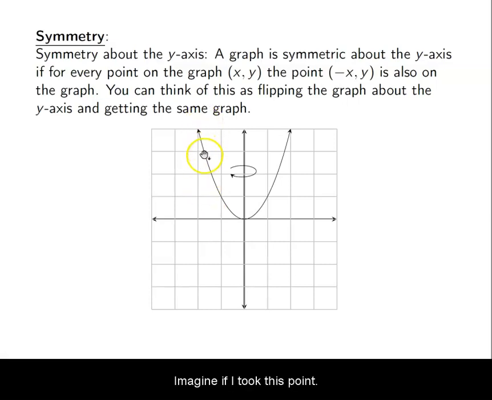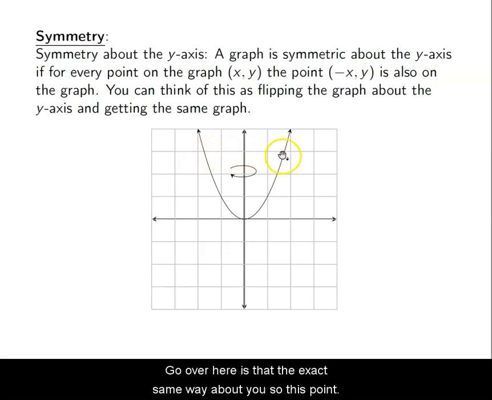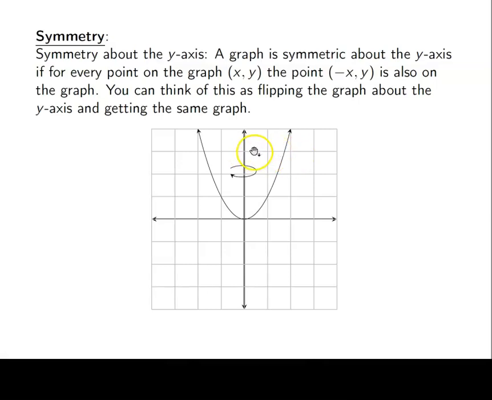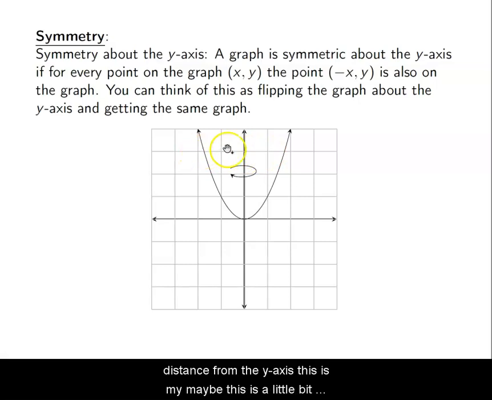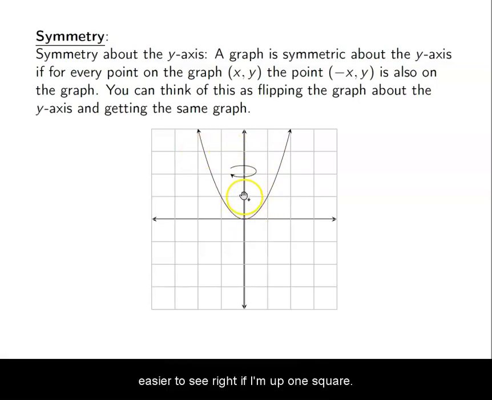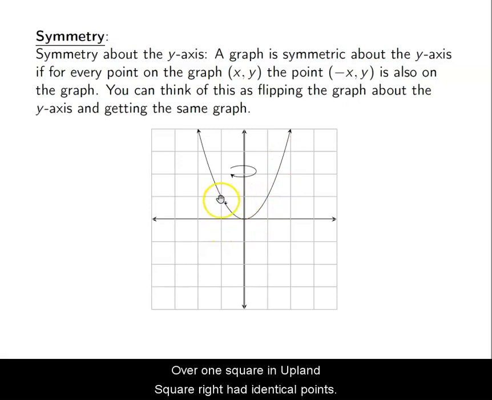But imagine if I took this point and I look at its opposite x value, go over here, it's at the exact same y value. So this point, its distance from the y-axis is the exact same distance from the y-axis as this point. Maybe this is a little bit easier to see. If I'm up 1 square and I go over 1 square, if I look on the other side, it is also over 1 square and up 1 square.